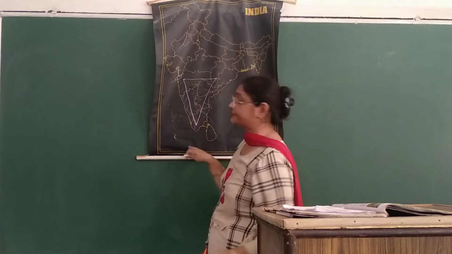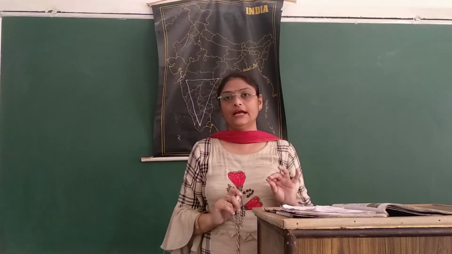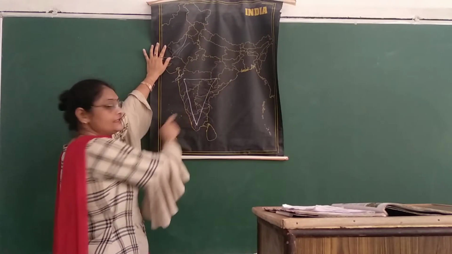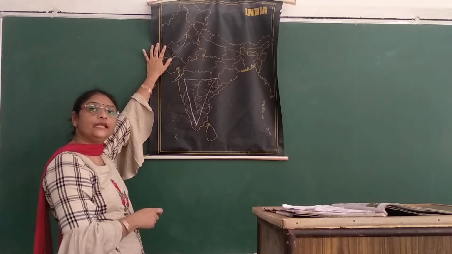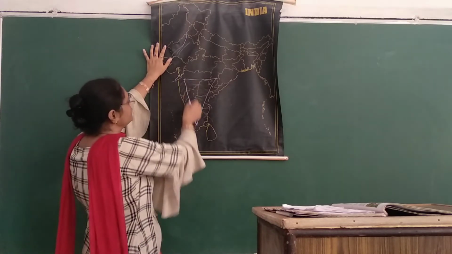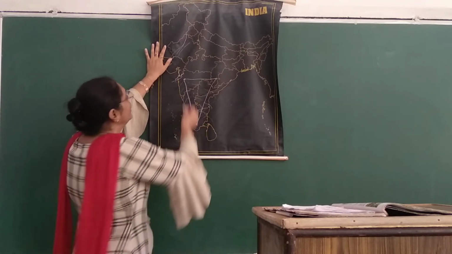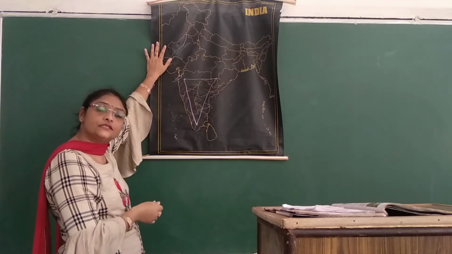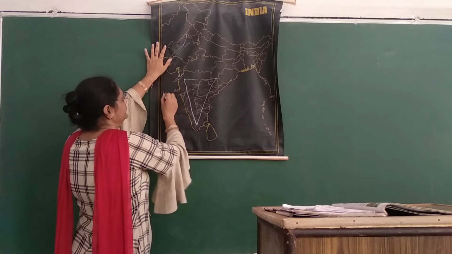Next is the division of these coastal areas. The Western Coastal area is further divided into three parts. The Western Coastal Plain has three sections. The northernmost part, the upper part of the Western Coastal Plain is known as Konkan.